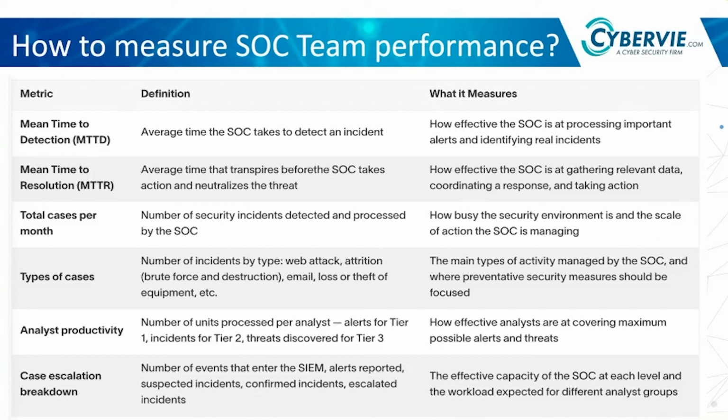Each analyst has handled how many incidents, how many you closed as true positive, how many as false positive. They will review that. Are you really investigating and closing, or are you just closing it? They will review everything, and then he will give the rating accordingly. Also, how many escalations you got from customers. All these things are taken into consideration, and they will create a report and submit it to the management. These are called metrics or KPIs.